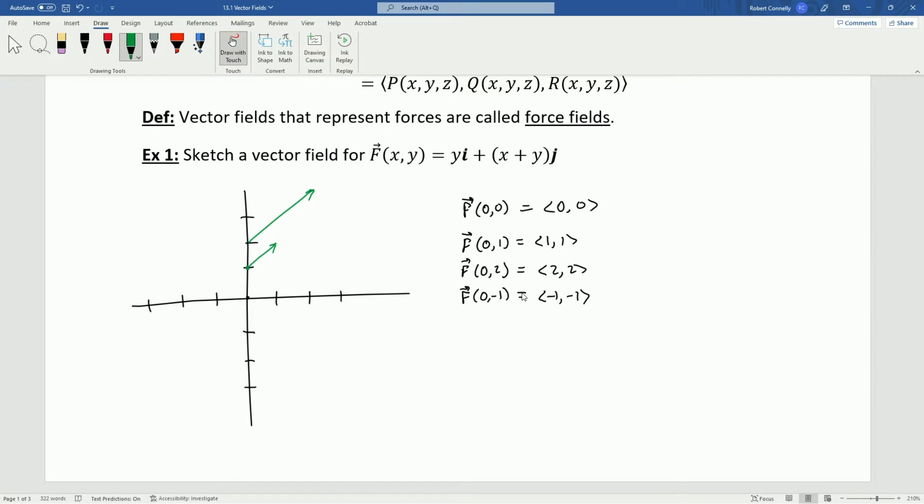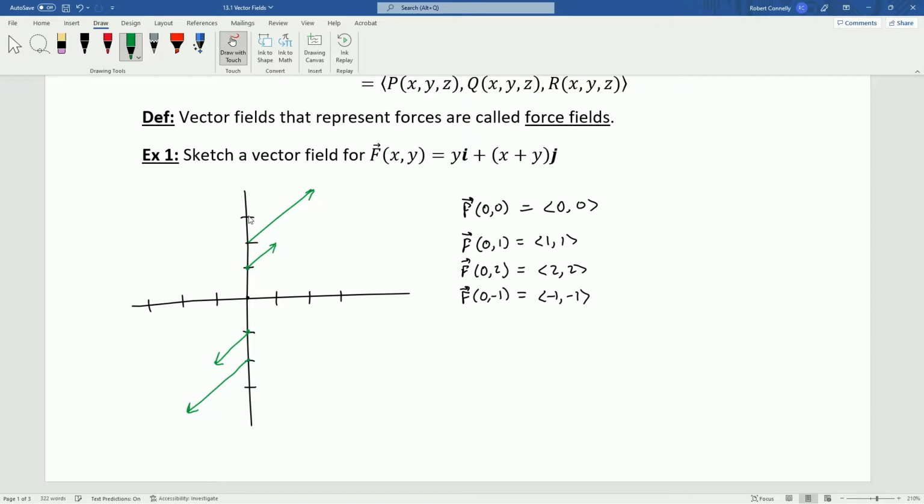Okay, and if we go down to 0, negative 1, we get negative 1, negative 1. So here, go down 1, left 1.